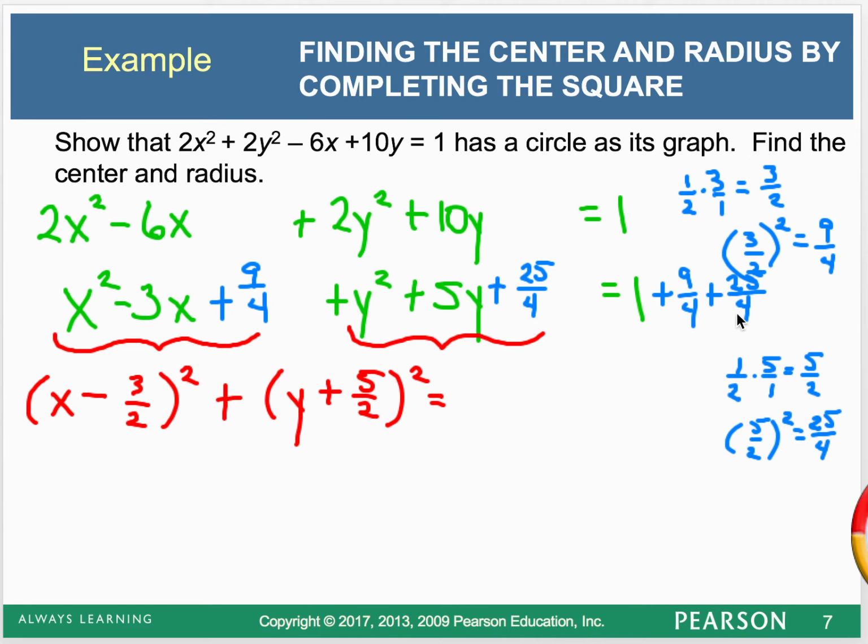These already have the same denominator, so let's change this 1 to a denominator of 4, which means it's really 4/4.